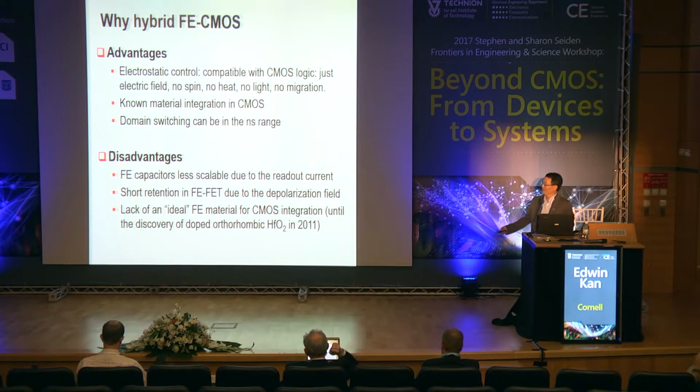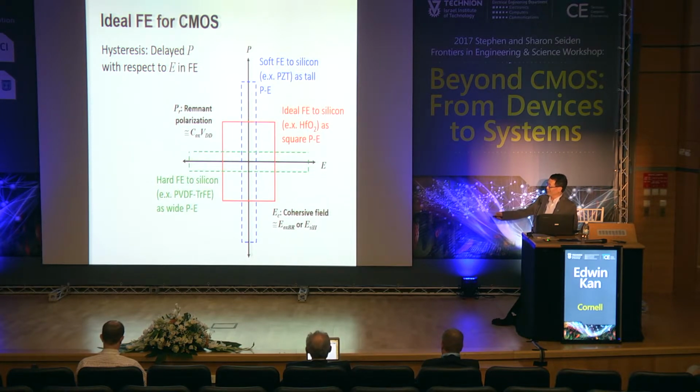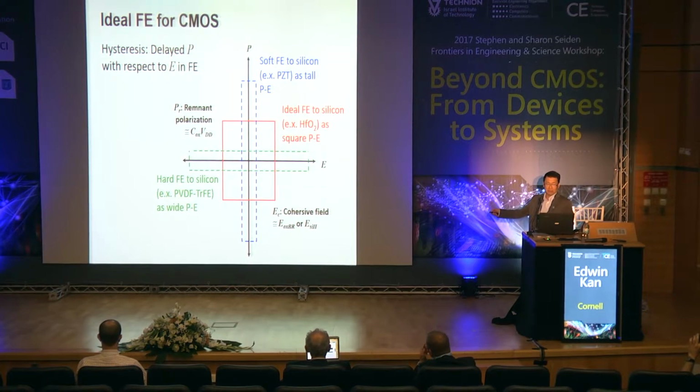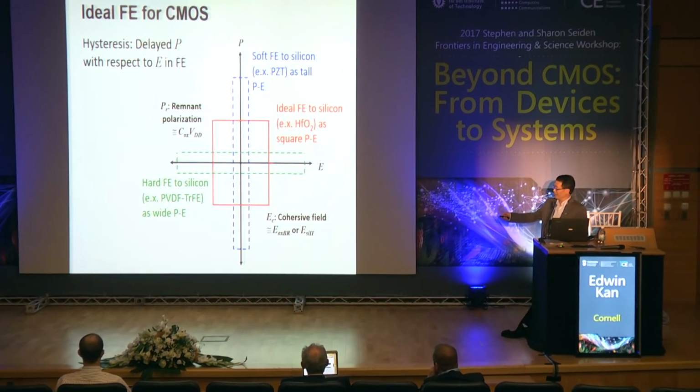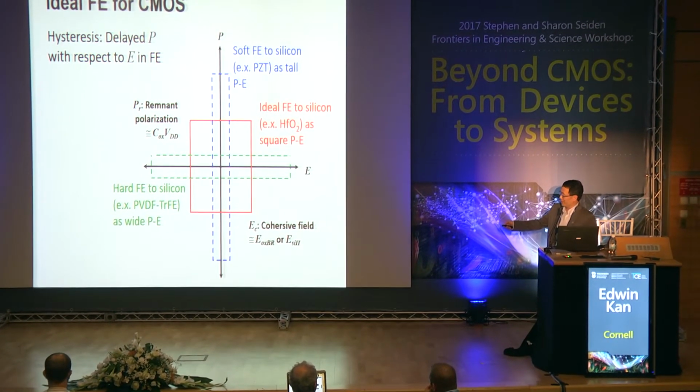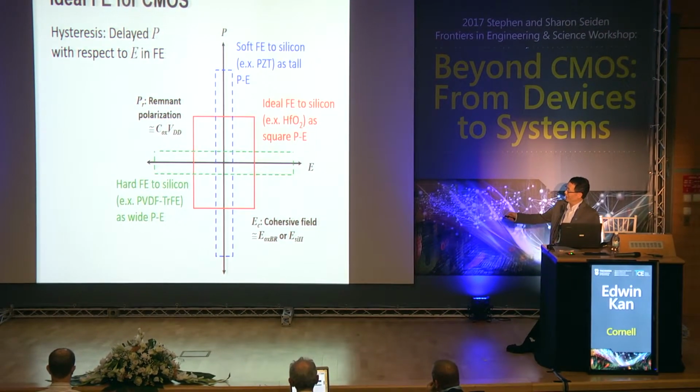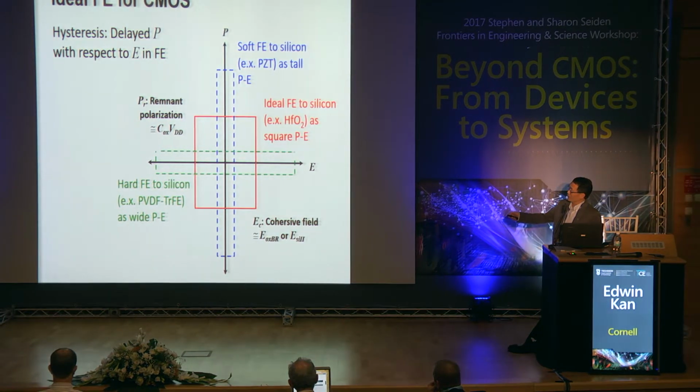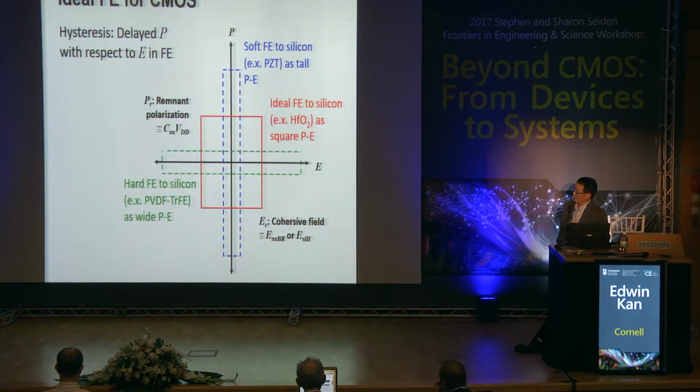Now we have this nearly ideal FE loop. When I say nearly ideal, the coercive field is close to the breakdown of the oxide, or how you design for your silicon breakdown. And the polarization is close to your COX VDD.